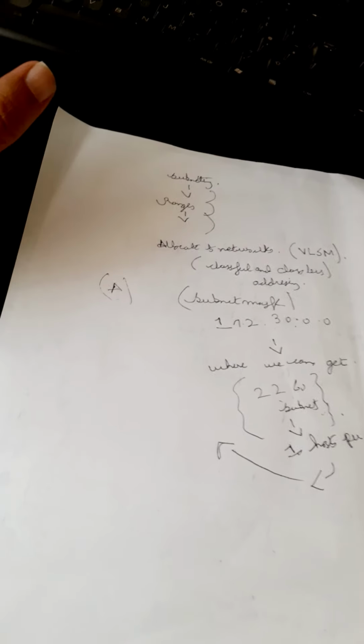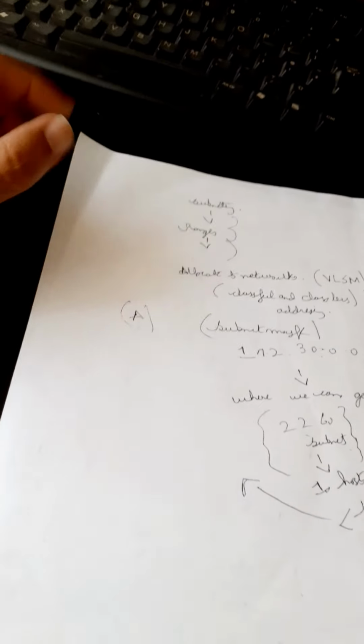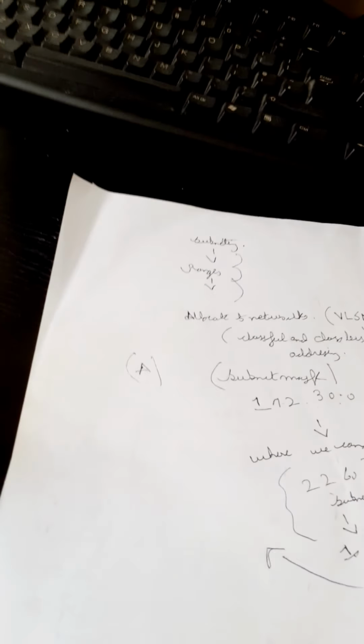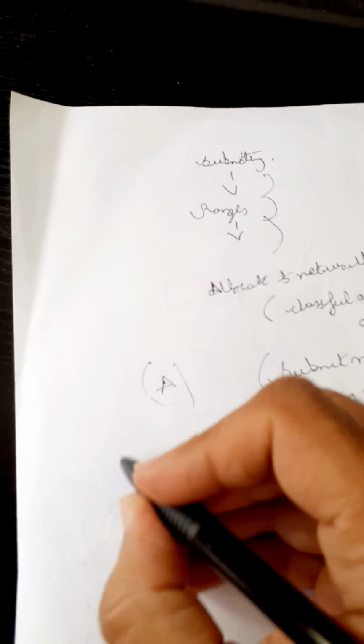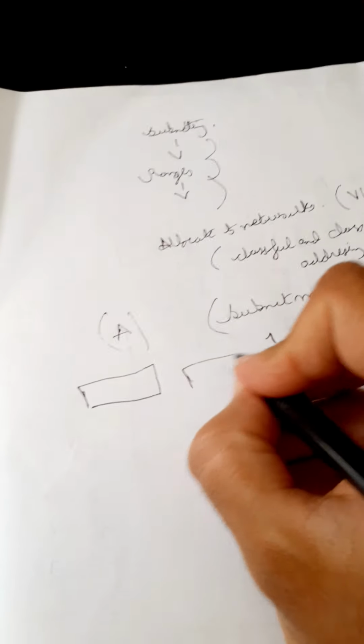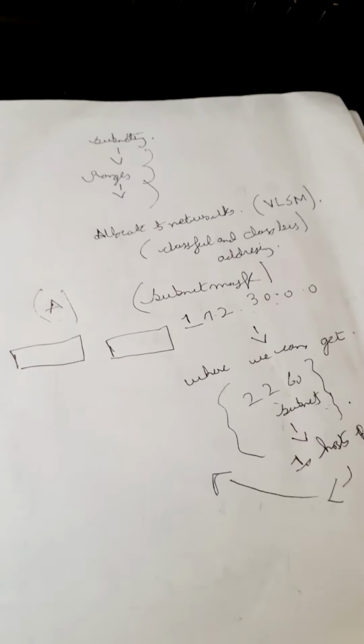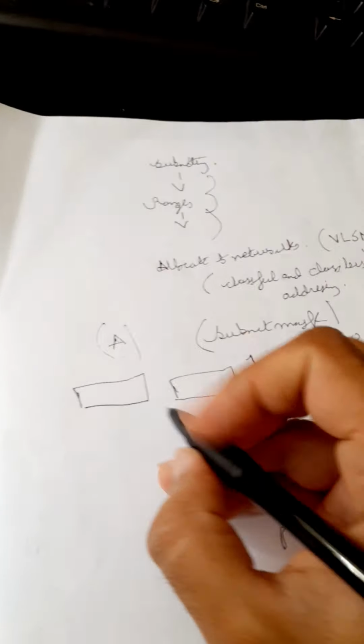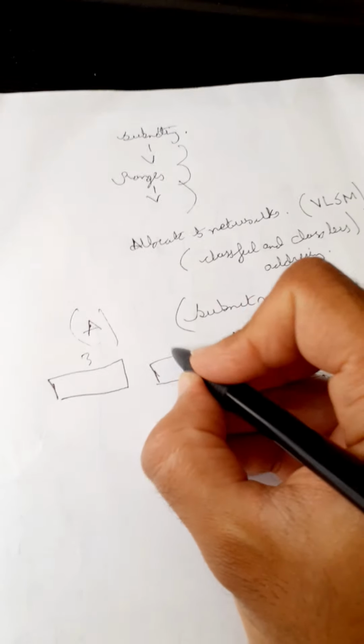If you have some logic of class B subnetting, we usually work in the third and the fourth octet. Correct? So yes, the third and the fourth octet.